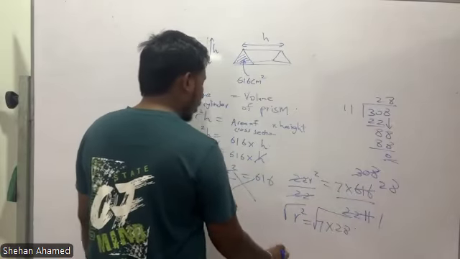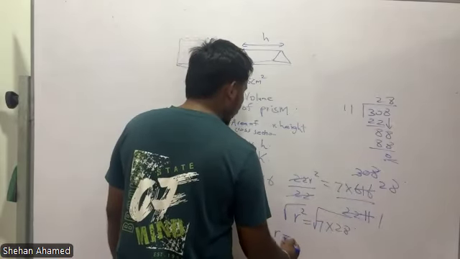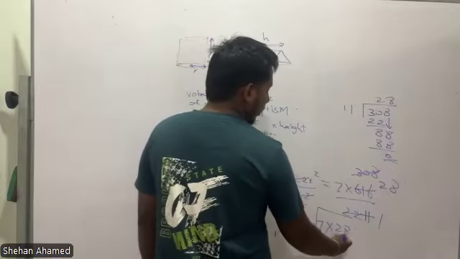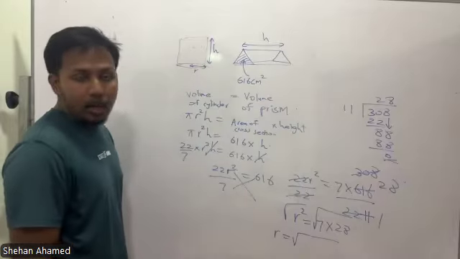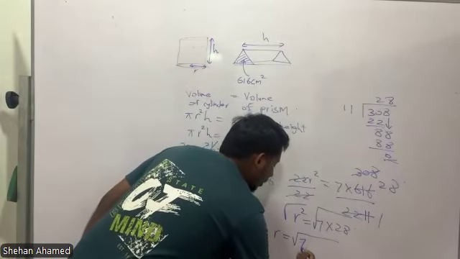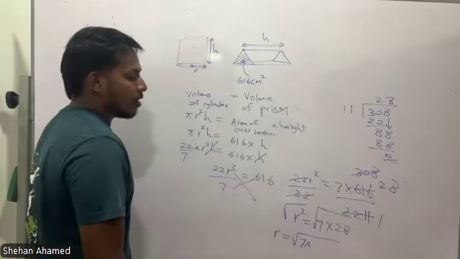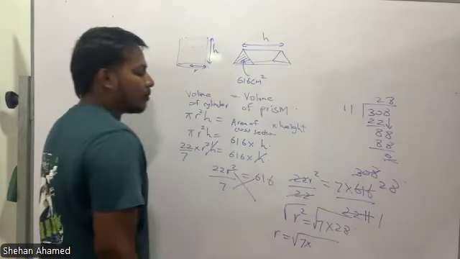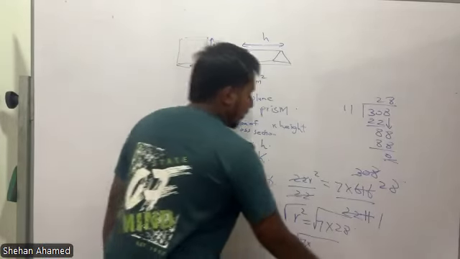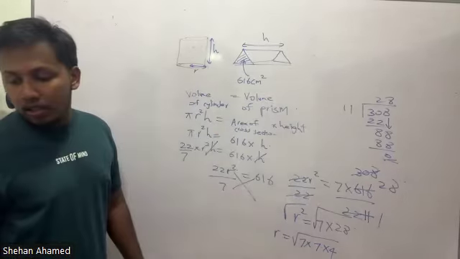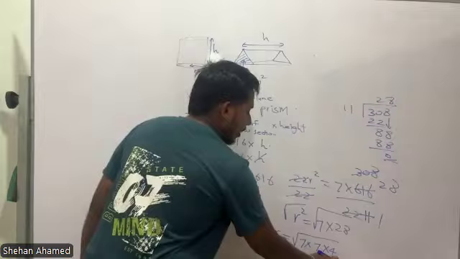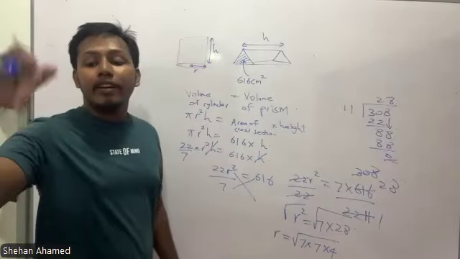R square and the square root cancel off, and you end up with R. Here you can see 7 times 28. Look carefully, students, what I'm doing here. Now see, 28 means 7 times 4 is 28. 7 times 28 can be written as 7 times 7 times 4.